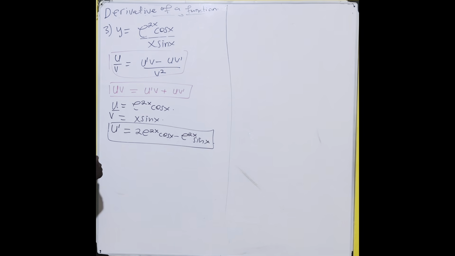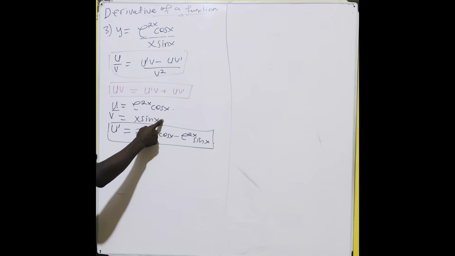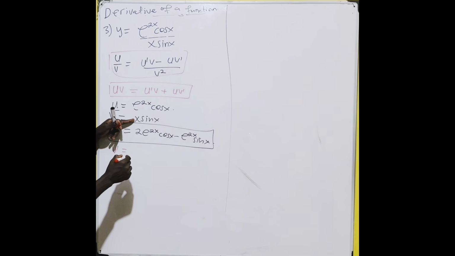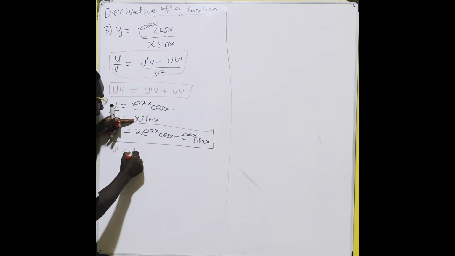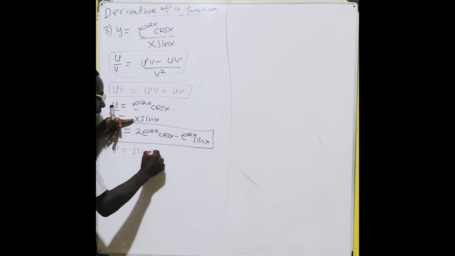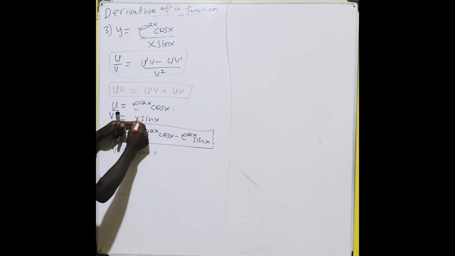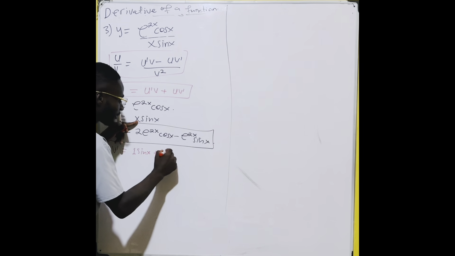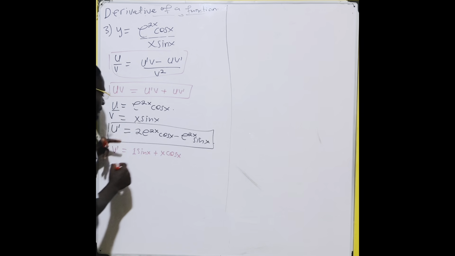Okay, now we differentiate the v for us to have our v prime. So our v prime will be equal to, we differentiate x, right? And we have 1. Then we maintain sine x, plus we maintain x, then we differentiate sine x, and that is cos x, right?